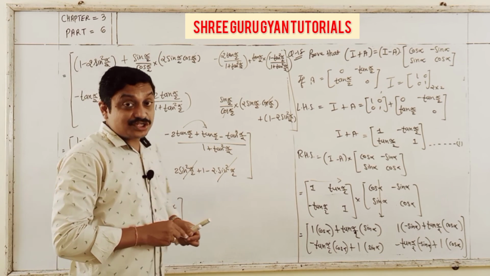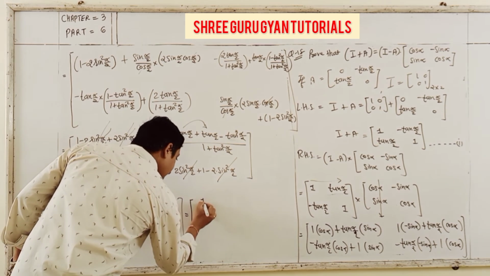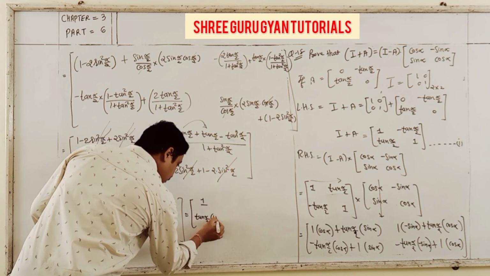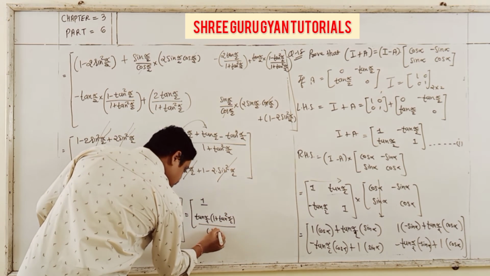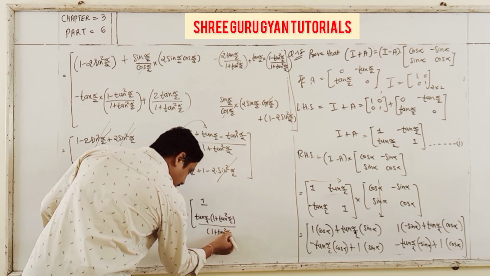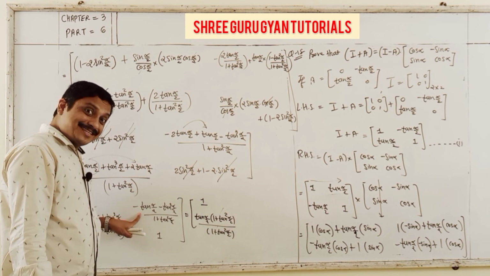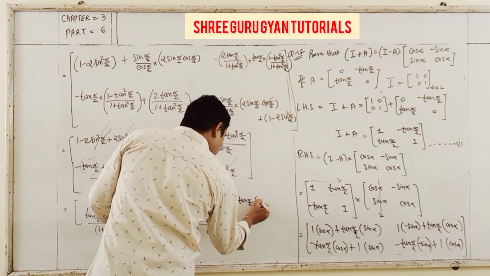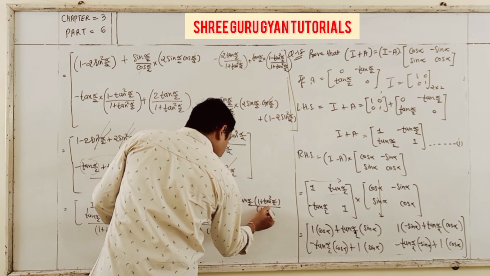So going ahead with the further solution, only 1 here. Taking common tan alpha by 2, remaining 1 plus tan square alpha by 2. That also, see, these are cancelled. Same here, students, I will take the common minus tan alpha by 2, 1 plus tan square alpha by 2.